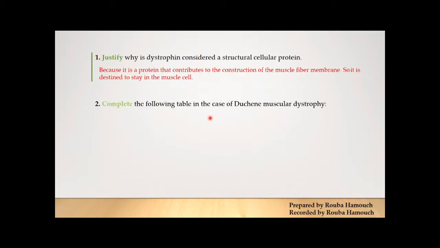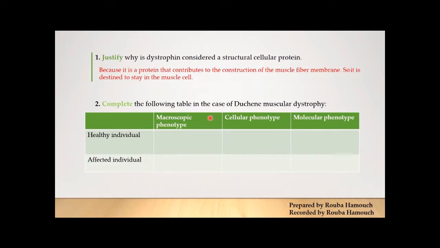Now complete the following table as for the case of albinism. Here we have the case of Duchenne muscular dystrophy. A few minutes to complete the following table. You can pause the video and complete the table.